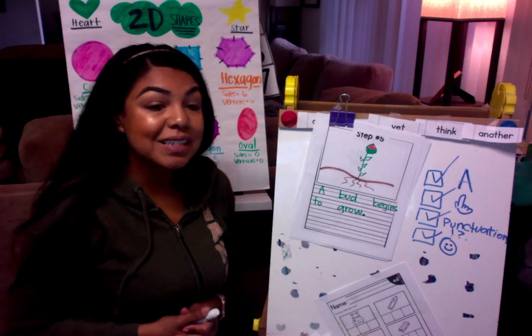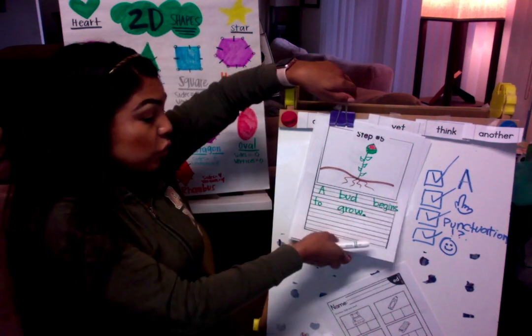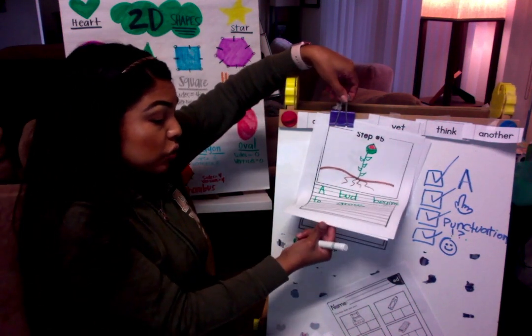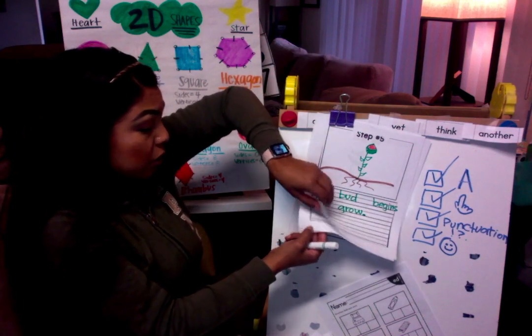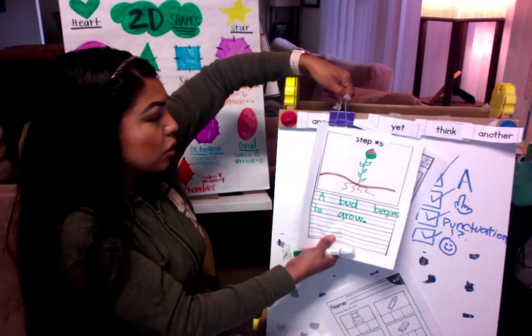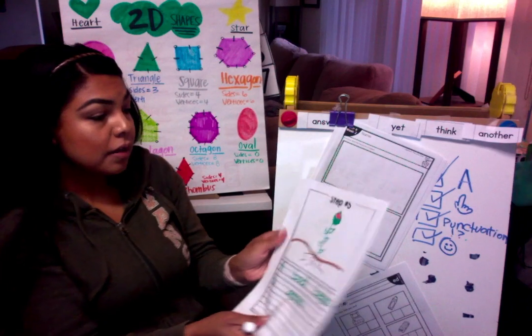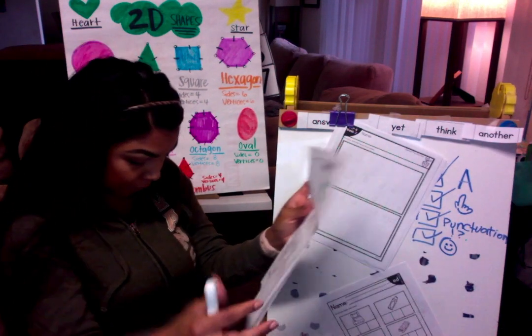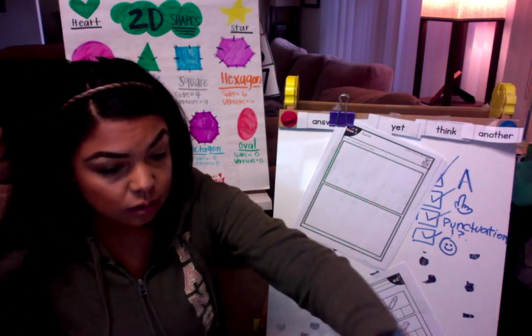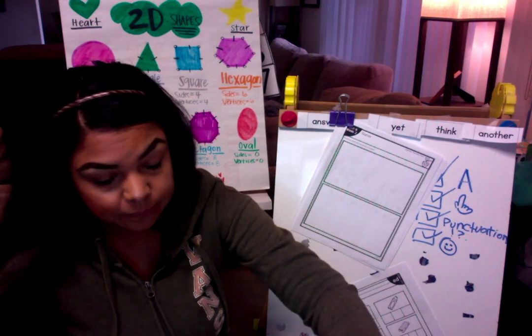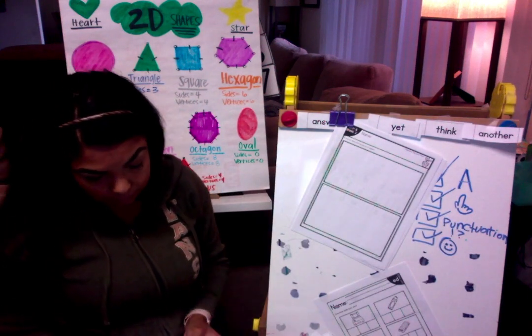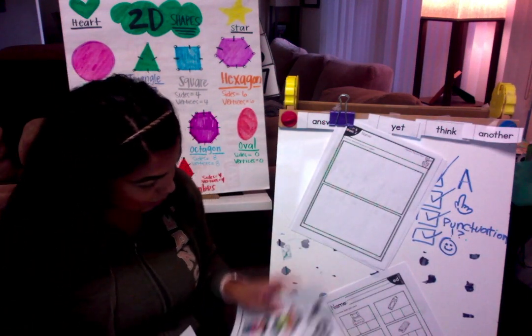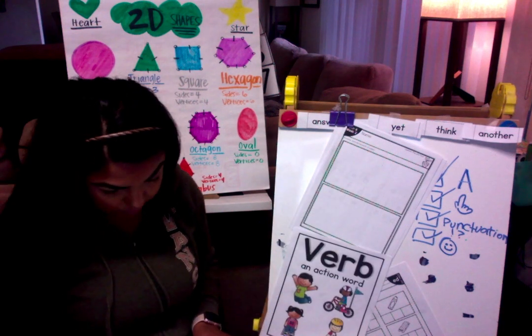Awesome. All right, boys and girls, we are all done. When you are done, you are able to successfully put your book together. So put all your book together. So step number 5, 4, 3, 2, and 1.